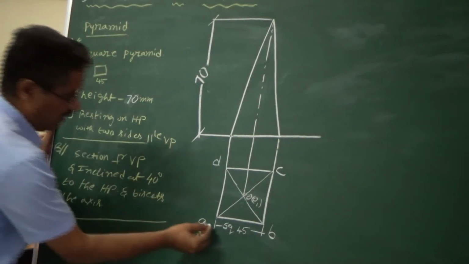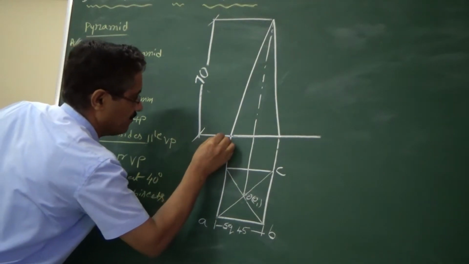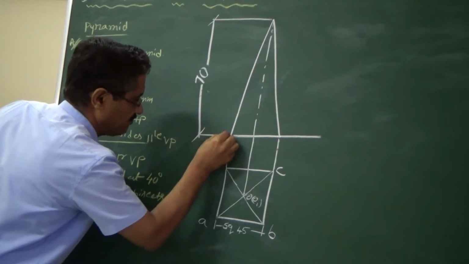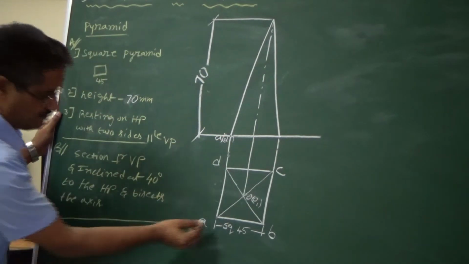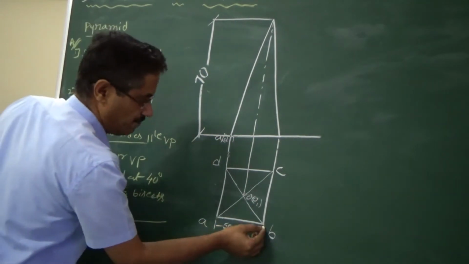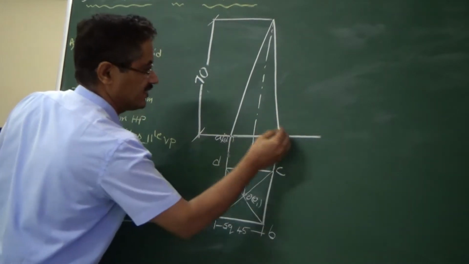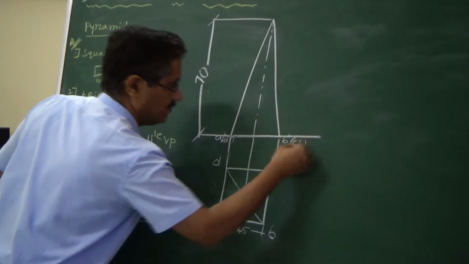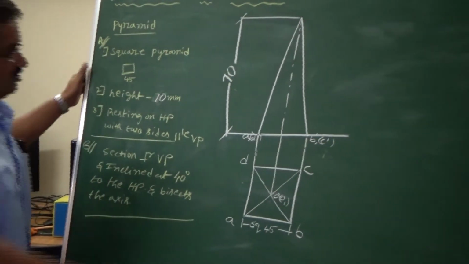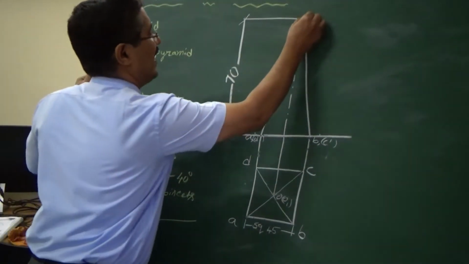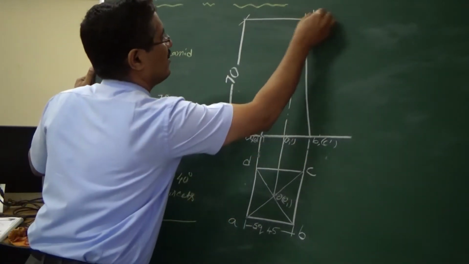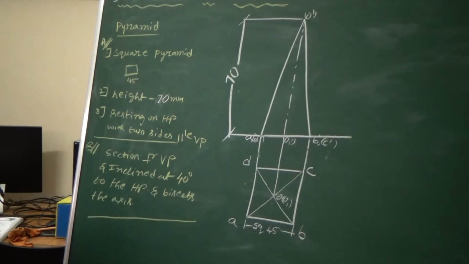Now A will become A dash here, comma B dash in brackets. Put that in brackets because this is invisible, this is visible. Now B and C: B is visible and C is not visible. So this is B dash, comma C dash in brackets. O dash will be here and O1 dash will be here, which we call invisible.